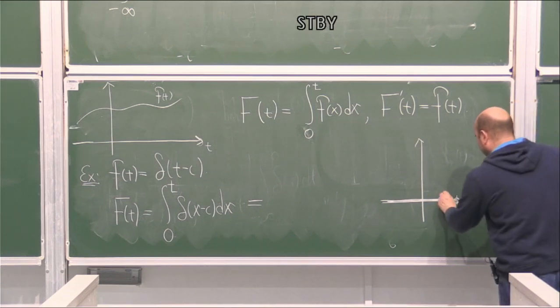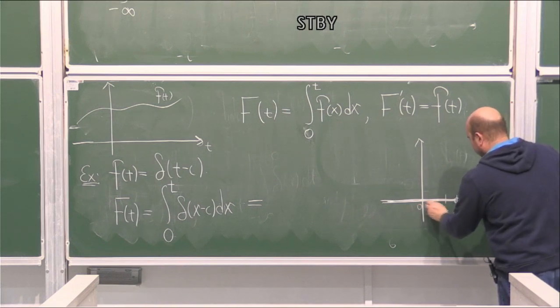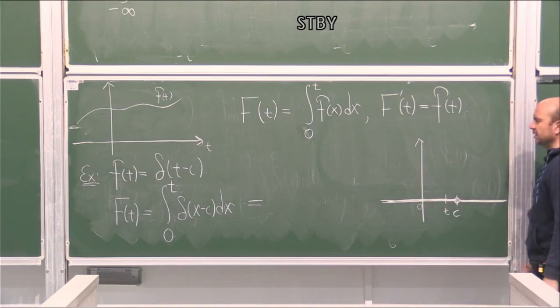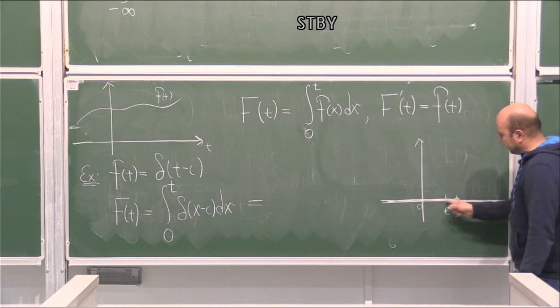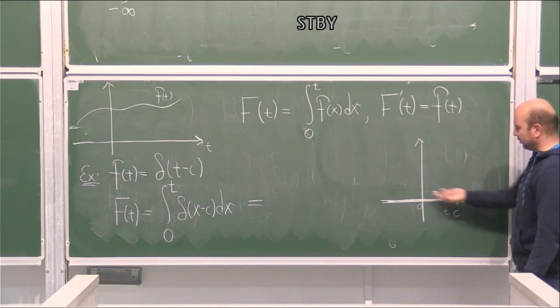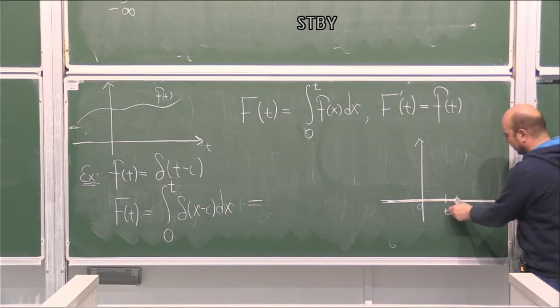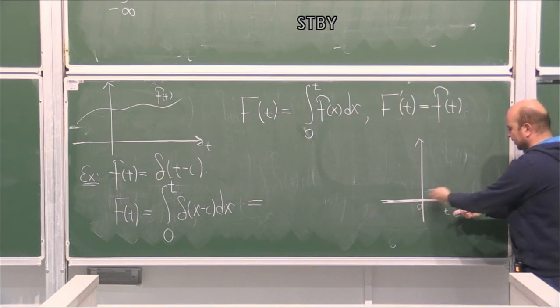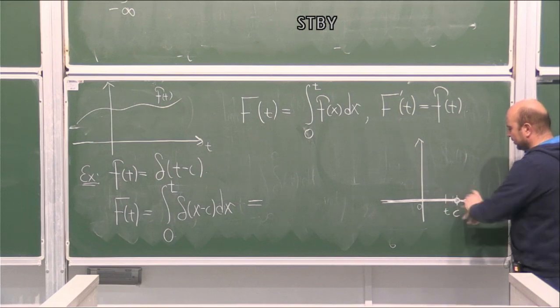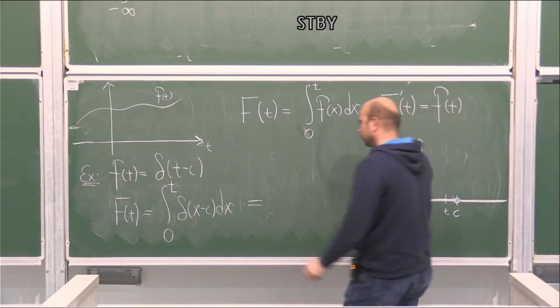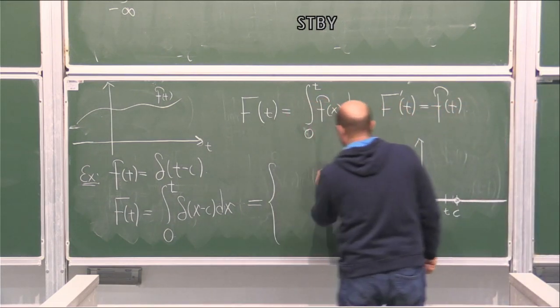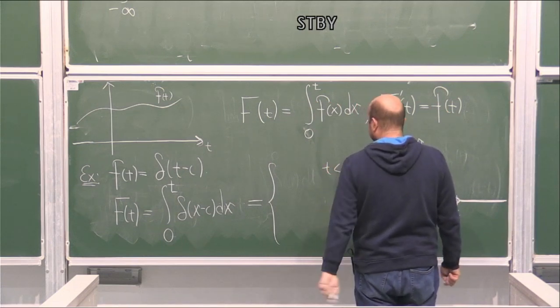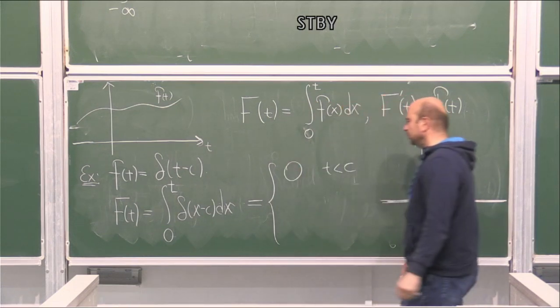If I take my t between 0 and c and integrate this portion, you get 0 because there is nothing here. If you take t until c, there is no area, so it's completely 0. So when t is less than c, it is 0.